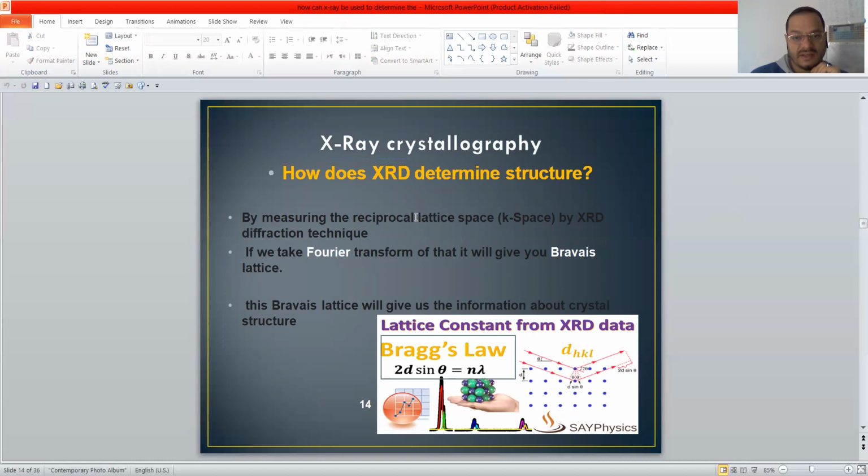I explained it in a lecture, where we discussed what the lattice is and the most important information related to this word. K space is measured by the X-ray diffraction technique. If we take the Fourier transform of that, it will give you the direct lattice, so we will deal with the reciprocal lattice.